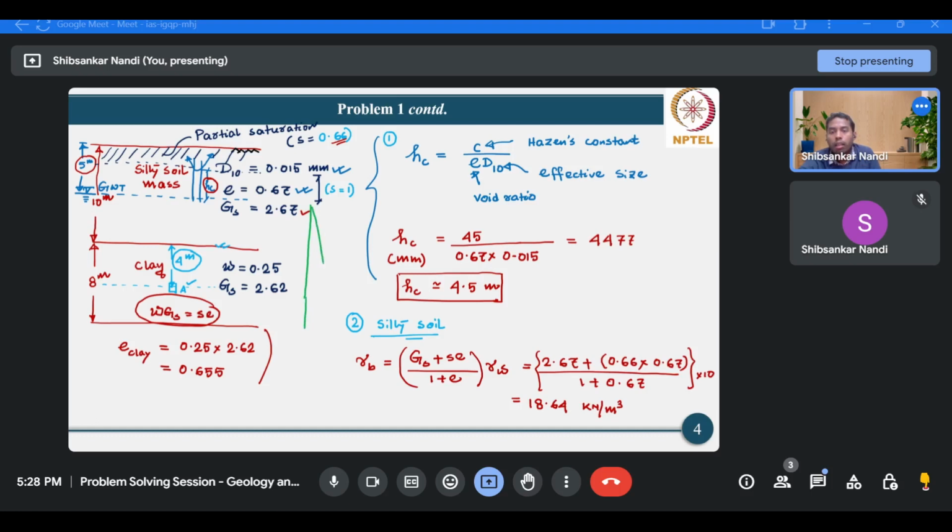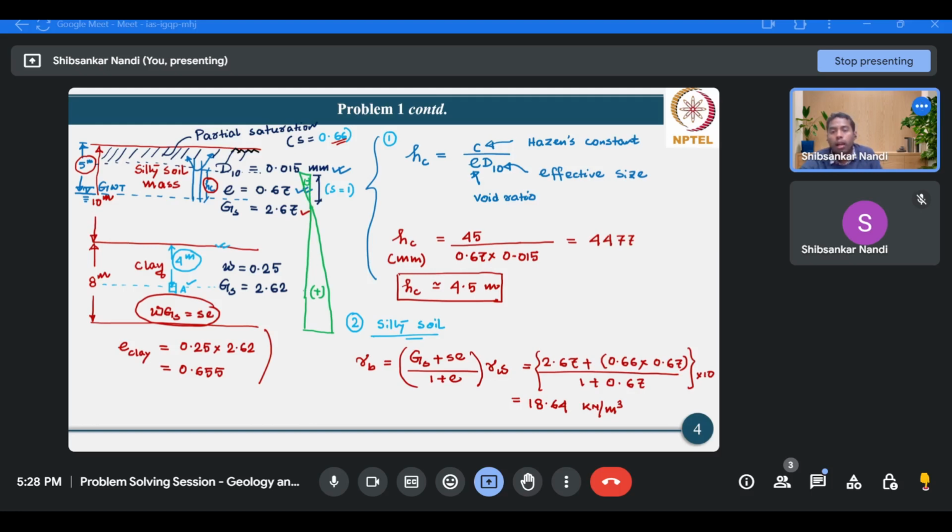It will vary linearly. This distribution will be positive, compressive, while in the capillary fringe zone, the pore water pressure would become negative. So this is negative, this is positive.